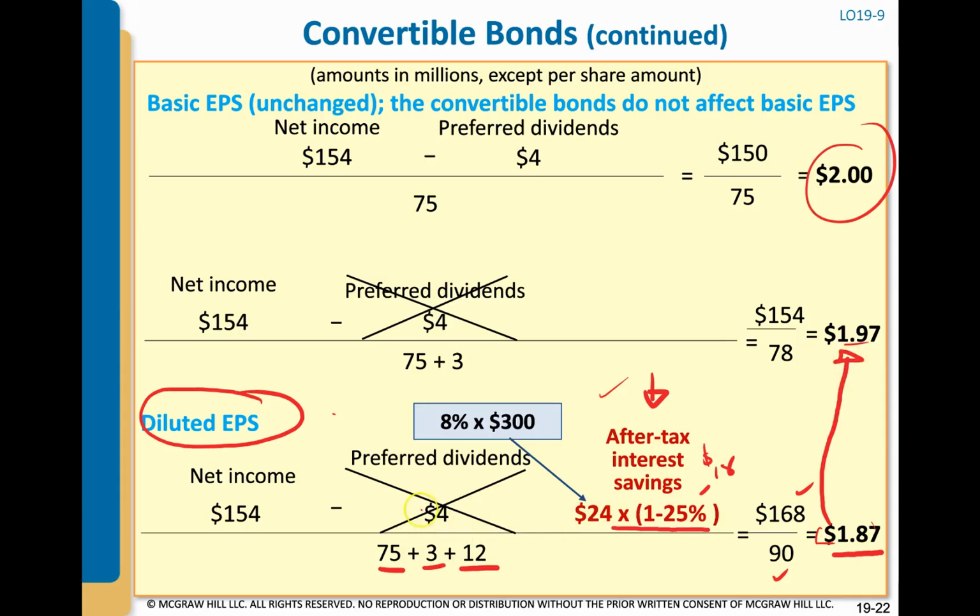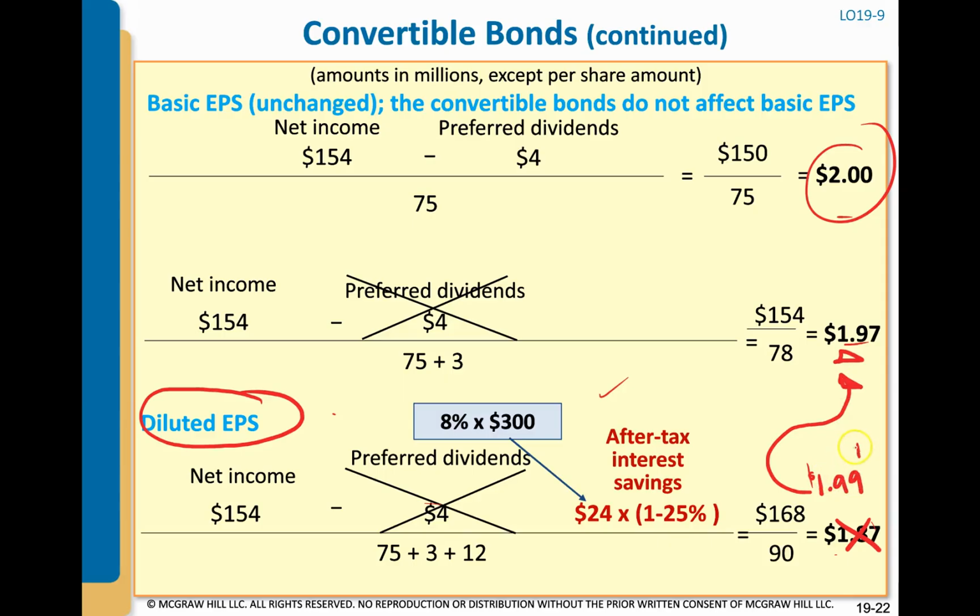So what if our number ended up being not $1.87, that the math worked out differently, but it was actually $1.99? Well, even though that $1.99 is less than your basic earnings per share, that's not what you're going to compare it against. You're going to compare it against the previous layer EPS, which was $1.97.